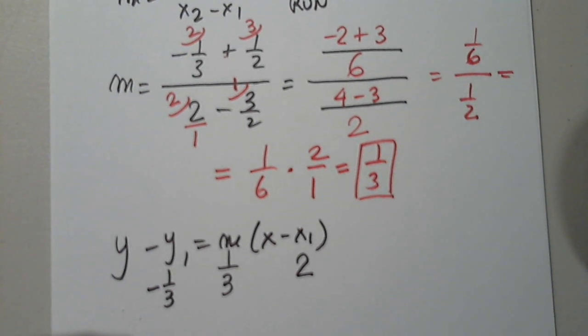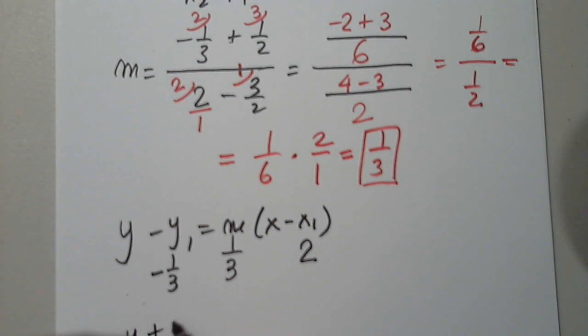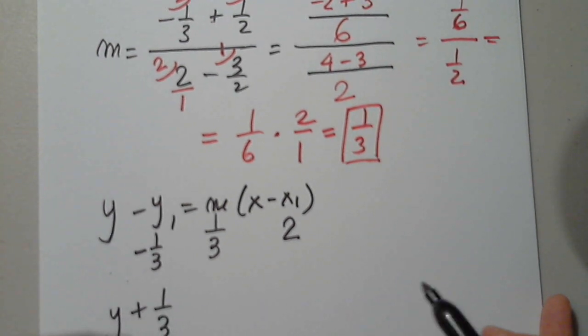And you can say, why are you putting them like this? Because I prefer not to have nested parentheses. That's my preference. Y minus -1/3 is very easily changed into y plus 1/3. So I don't have to worry about it.